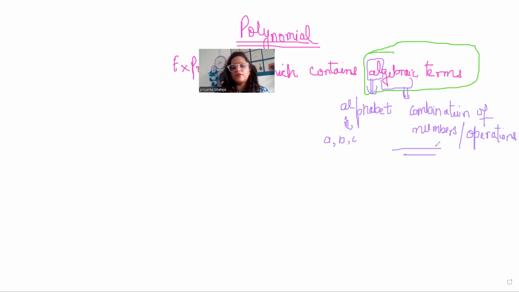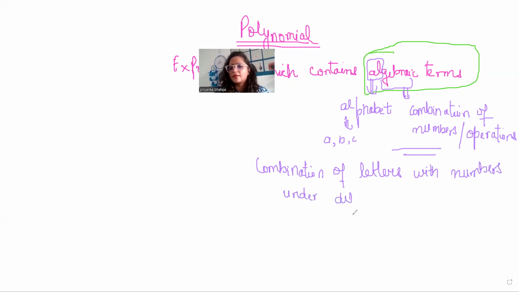So that means whenever we are combining letters with numbers under different operations, those things are known as algebraic terms. And the expression which contains one, two, three, four, any number of algebraic terms, is particularly known as a polynomial.